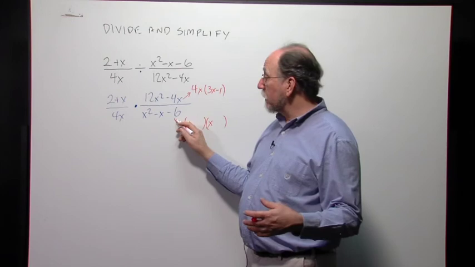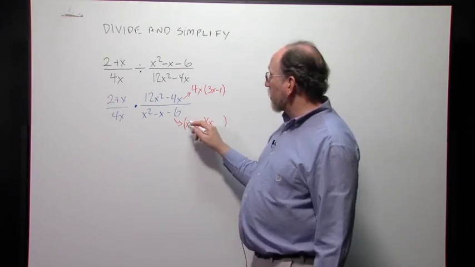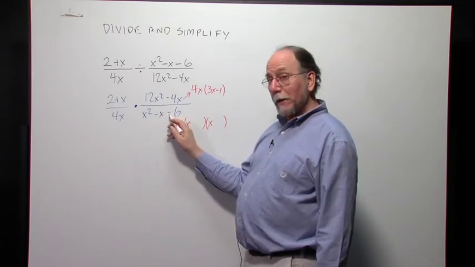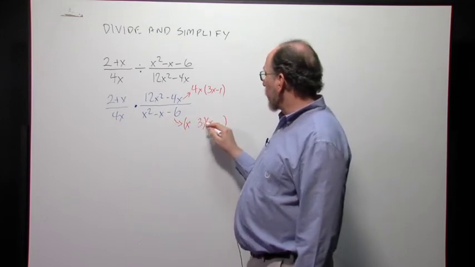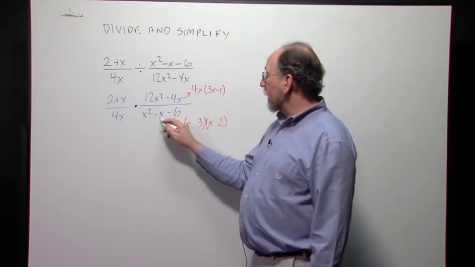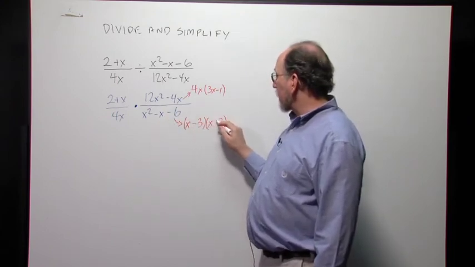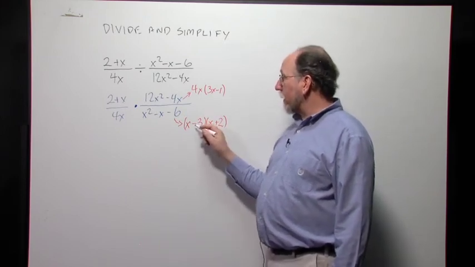Those are the options. Or the signs could be on the other ones. 2 and 3 are the ones we'd choose because they're only 1 apart, and these are subtracting. When that's a minus sign, they would subtract to get the middle number. So we'll put in 3 and 2. And to get a negative 1, the 3 has to be negative because it has a larger absolute value. So those are now the factors of that.